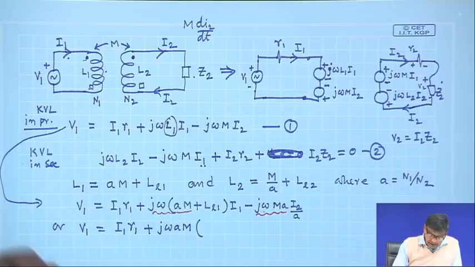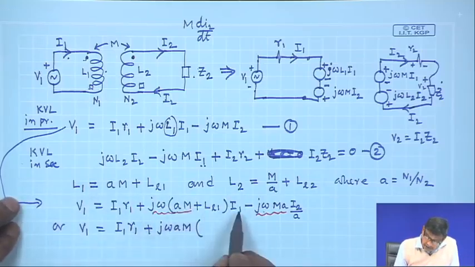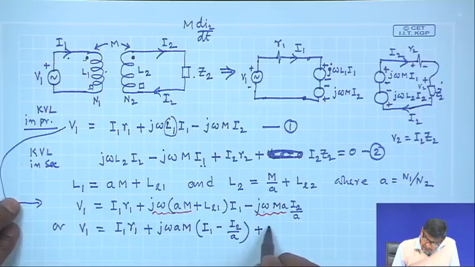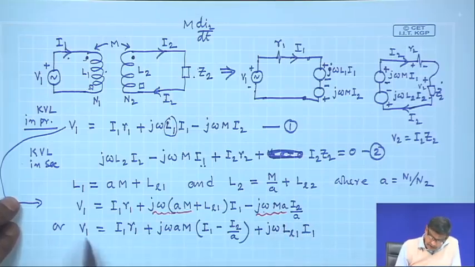So, I can combine these two terms and write j omega A M into I 1 minus I 2 by A. This I can do, these two I can group, and then plus j omega L L 1 into I 1. This is what comes out.